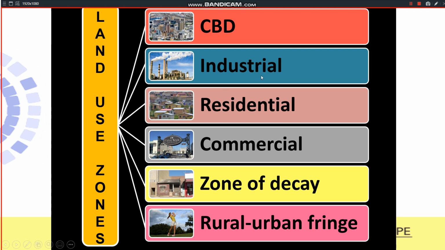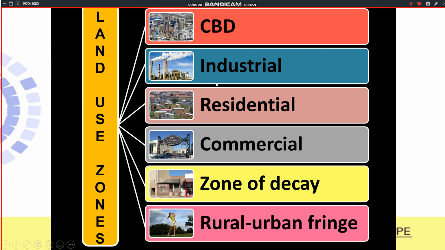We found the industrial area here, where we're going to specifically speak about heavy and light industries. Then we found the residential area, or the residential zone, which is made up of our houses. Then we find the commercial area of the land use zones. Then we find the zone of decay, and we find the rural-urban fringe.